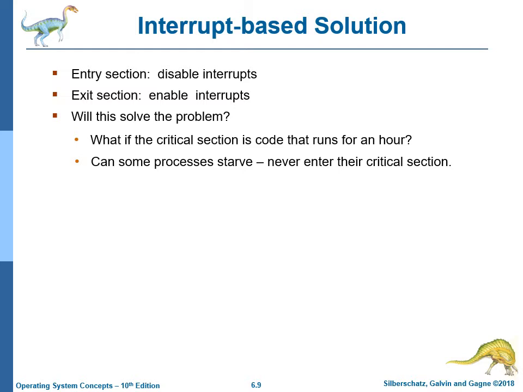Hanya dia akan enable balik bila proses tu dah habis, dah masuk exit section. Baru proses lain boleh interrupt. Tapi kita bayangkan satu proses tu, kalau dia punya critical section tu run more than 1 hour, several hours, so apa yang berlaku ialah it does not solve the problem.